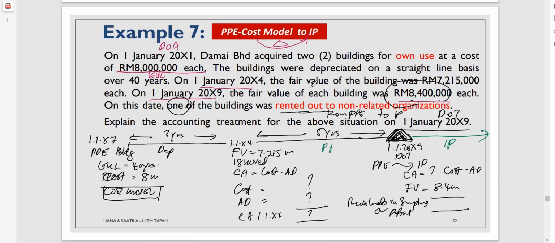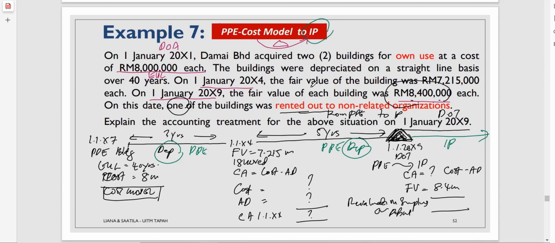But here it is still a PPE. Here it is still a PPE. Here you will still provide depreciation, right? You provide depreciation for the 8 years. But starting from 1st of January 2000 X9 is where you stop depreciating as PPE, and that asset now will be depreciated if it's using the cost model for the IP.